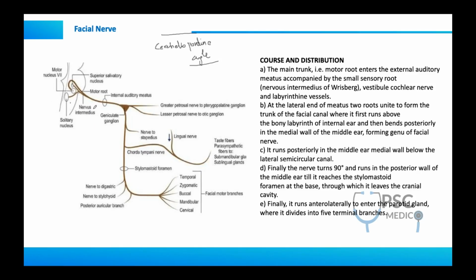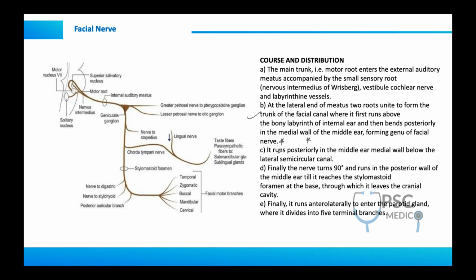After taking origin, at the lateral end of the meatus, they both unite together and form the trunk of the facial nerve in the facial canal. From here it runs above the bony labyrinth of the internal ear, and it bends posteriorly in the medial wall of the middle ear, and this forms a genu of the facial nerve.